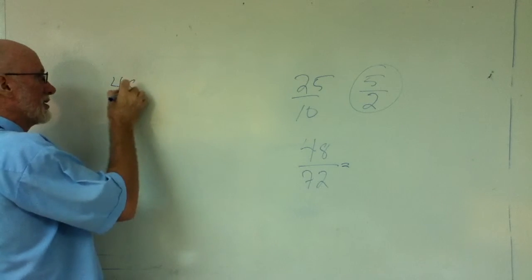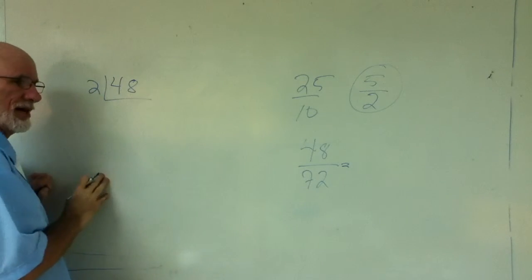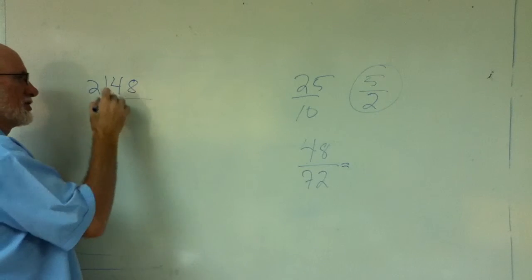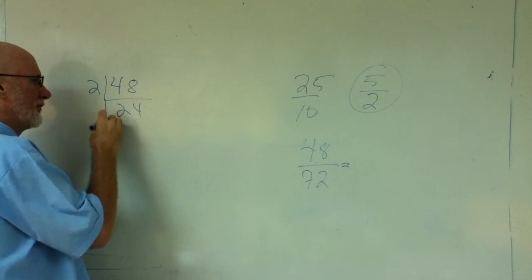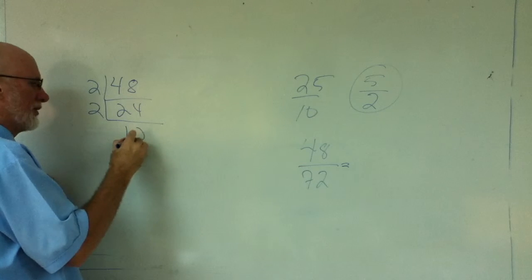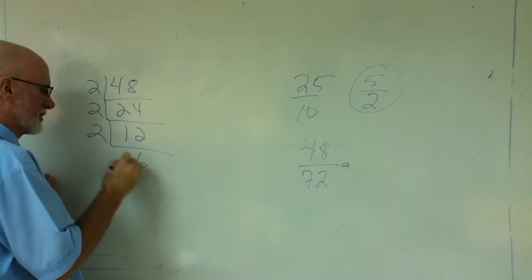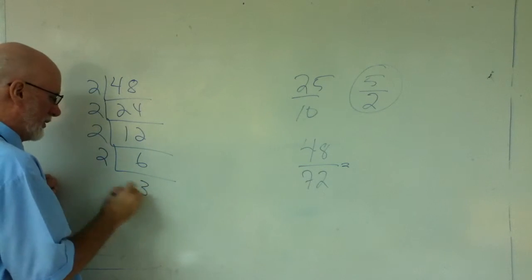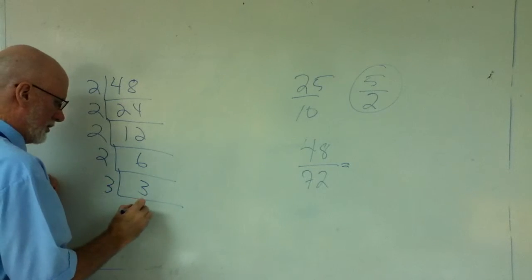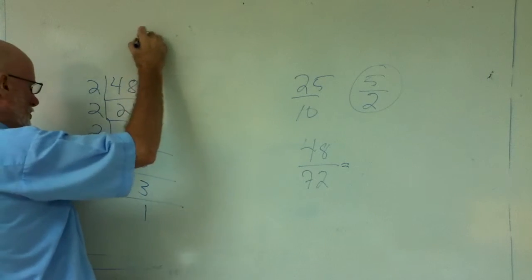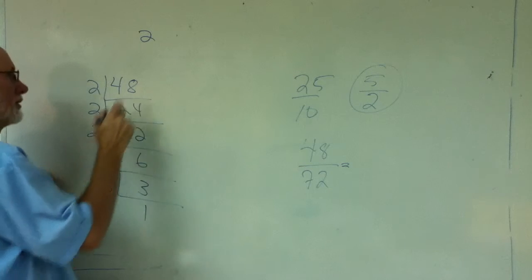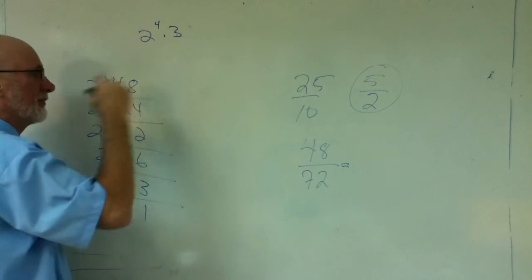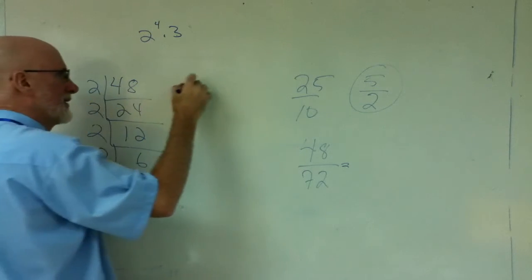So 48, 2 goes into 48 how many times? 24, and then 2 again, 12. 2, 6. 2, 3. 3, 1. So it's going to be 2 to the 4th times 3, right? Yes? Okay.